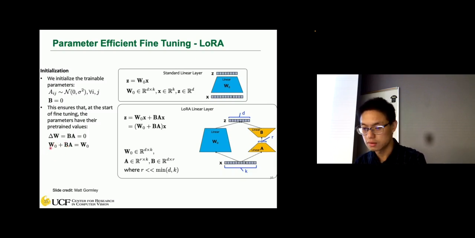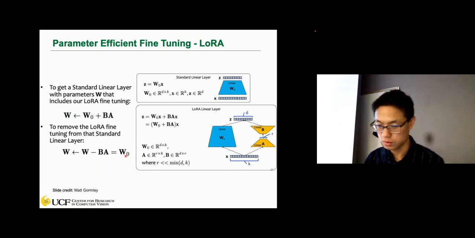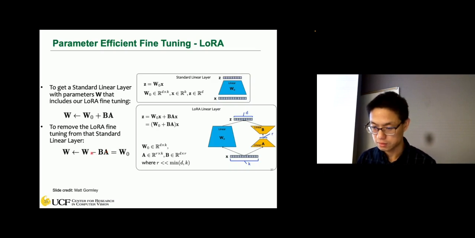If you don't want the adjustment for a particular layer, you can basically remove this delta W. So basically you take the original weight matrix, add these two low rank matrices, and get a new weight matrix so that the entire weights can be updated. But you can also totally remove that if you don't want to make an adaptation for a particular layer.